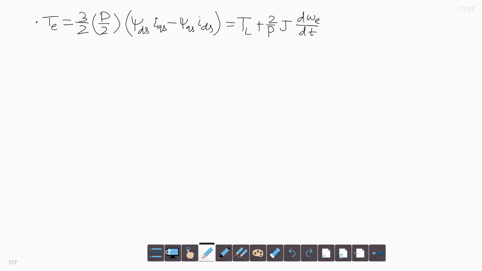Thus, electromechanical dynamics of the machine is of 6th order, because there are 5 equations for the electrical model, as you have already seen, 5 by 5 matrix, and torque equation is the 6th one.